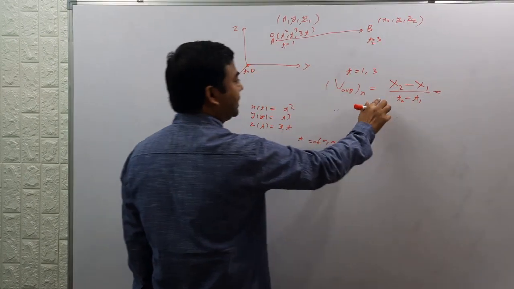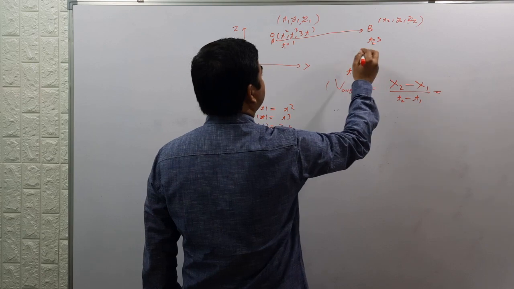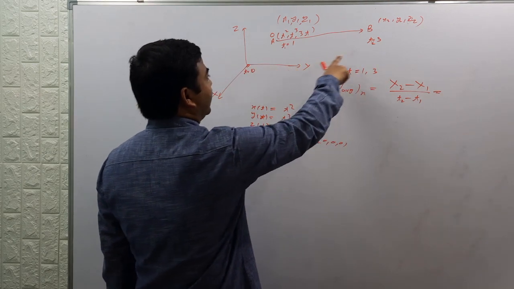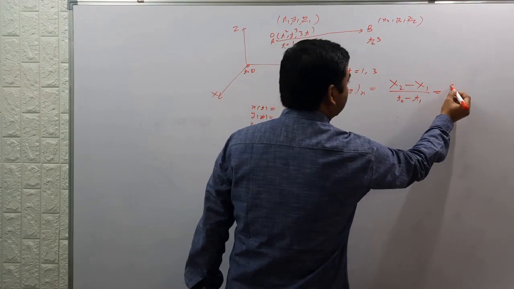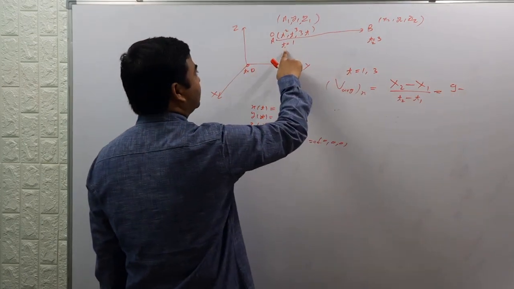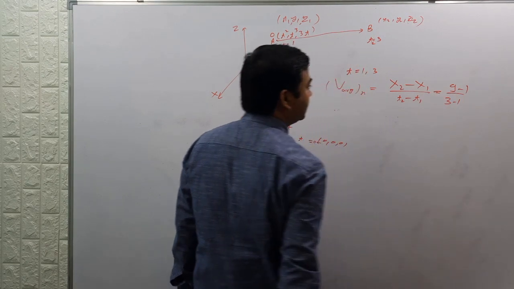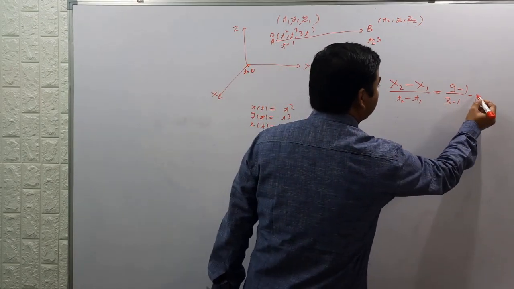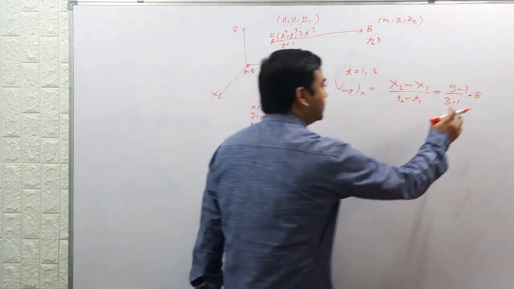So this you can easily calculate. x2 at t is equal to 3 will be 9, minus x1, which will be 1, divided by 3 minus 1, and this is 8. Sorry, this is 4.